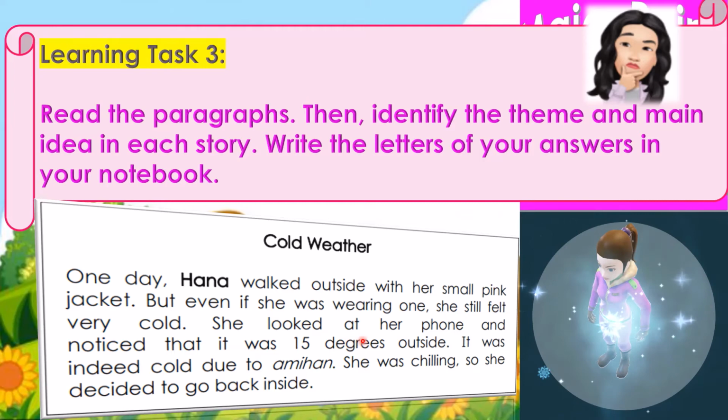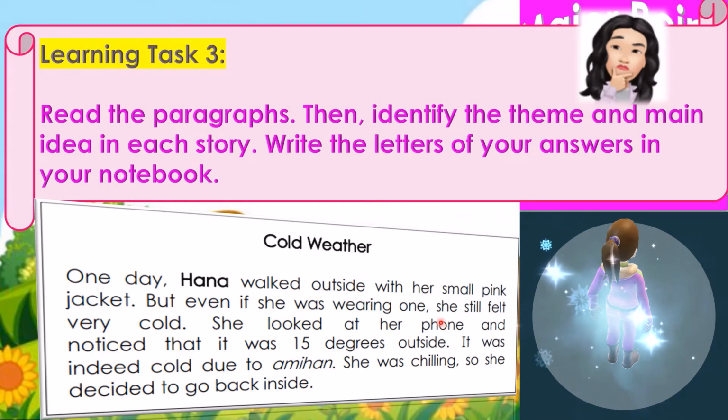She looked at her phone and noticed that it was 15 degrees outside. It was indeed cold due to amihan. She was chilling, so she decided to go back inside.